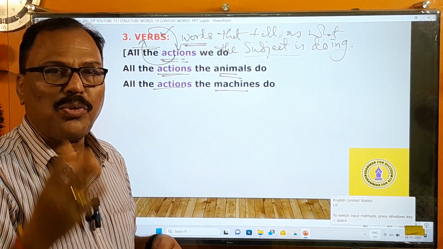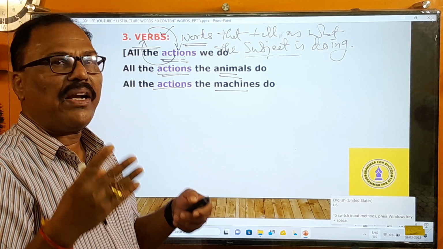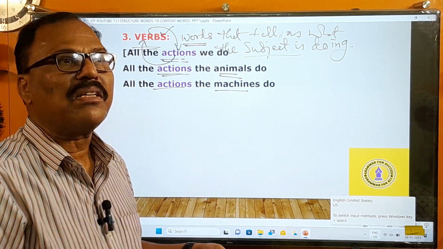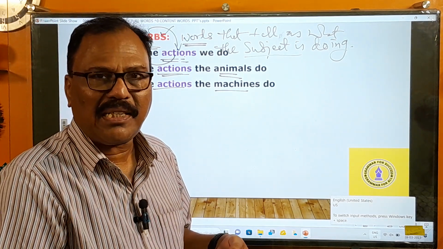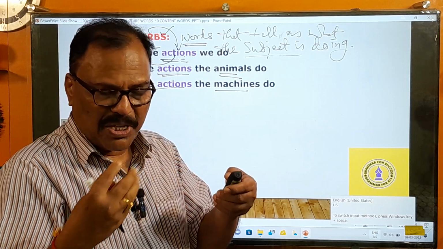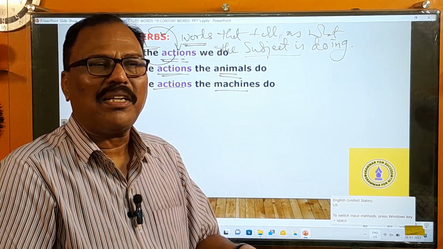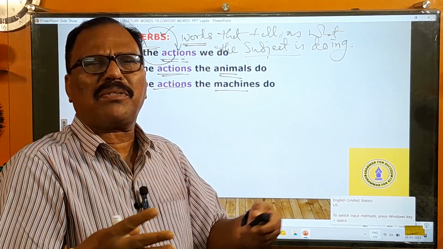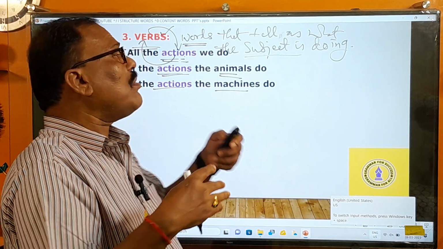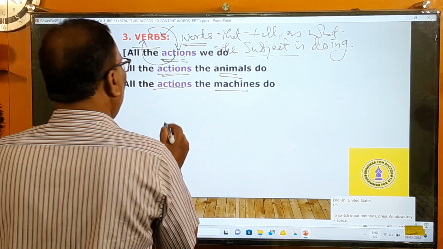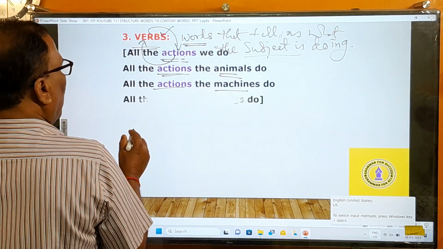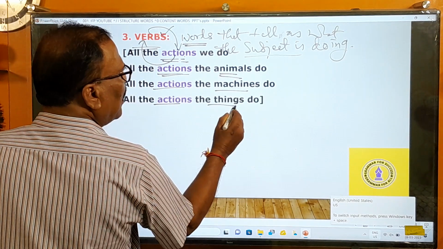If the machines don't do actions, you and I cannot live, because machines are producing electricity, food, cloth, so many things. Computers are doing so many things. So machines also do jobs, actions. And lastly, all the actions that things do.